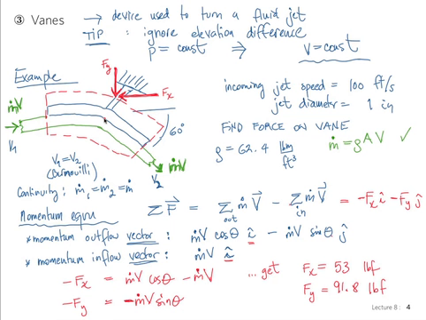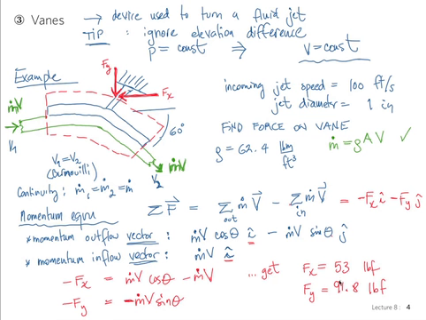This is a very, very typical type of problem that you will have to solve. Yes? This, in red, is the force on the control volume, which I've drawn in this way.